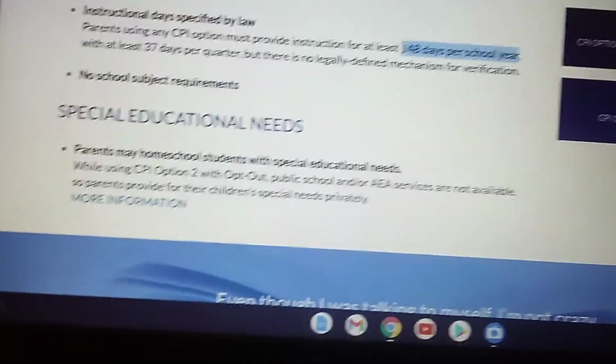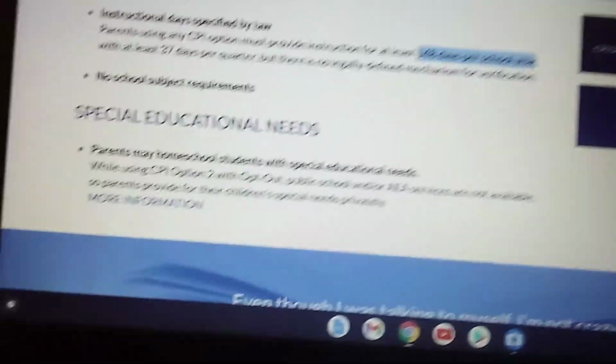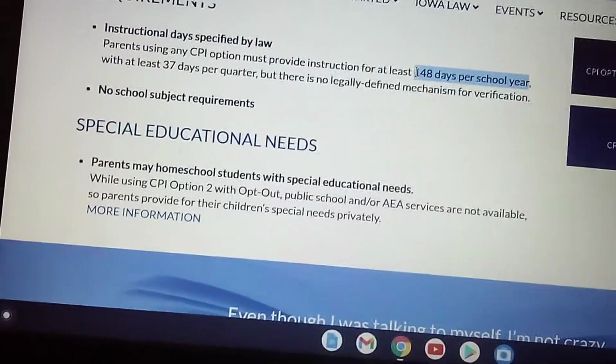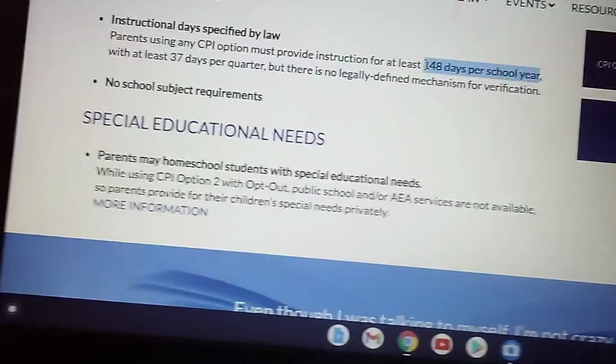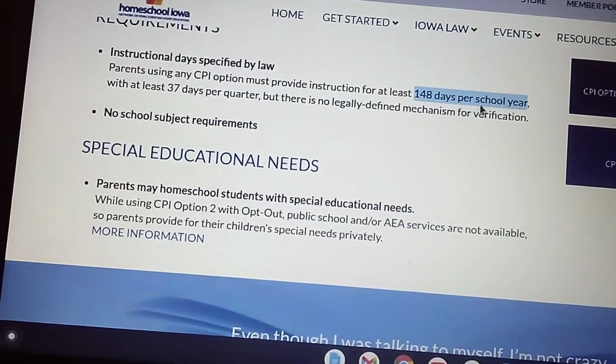And this is Iowa, so I don't know about your state. But if you need help figuring this stuff out, just send me a message in the comment section below. So I have 148 days.